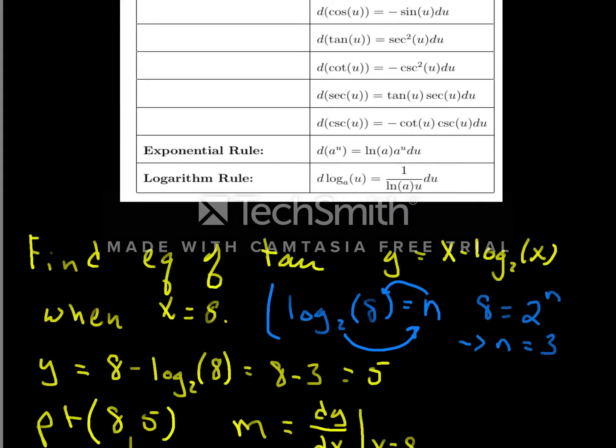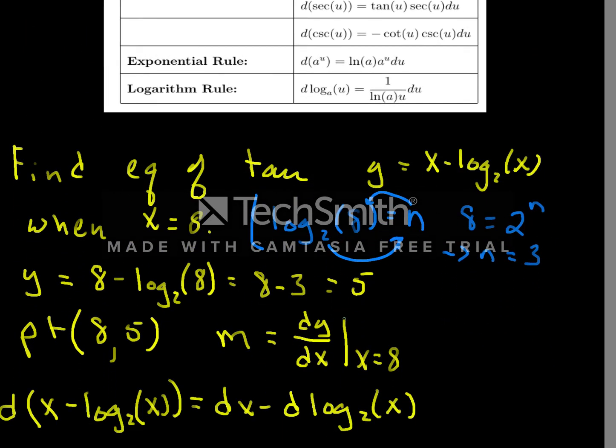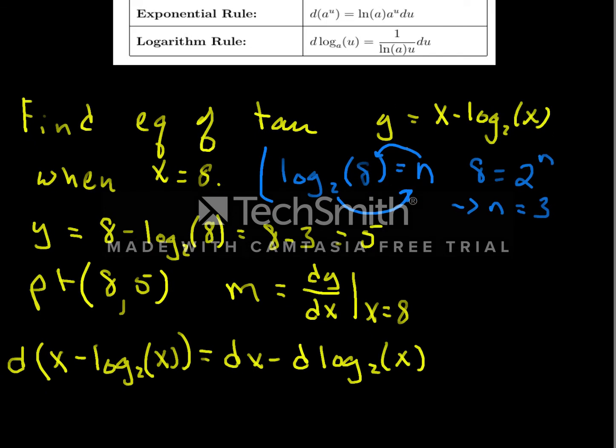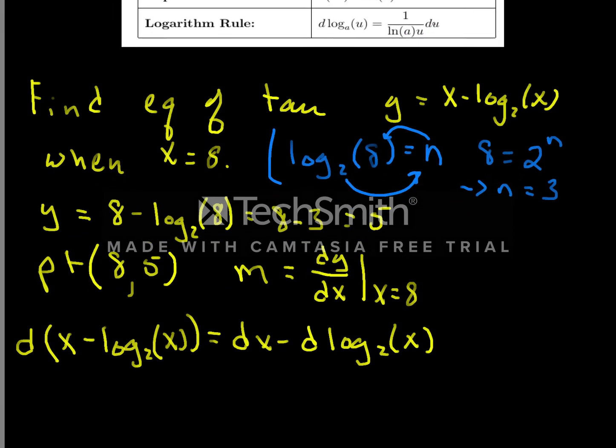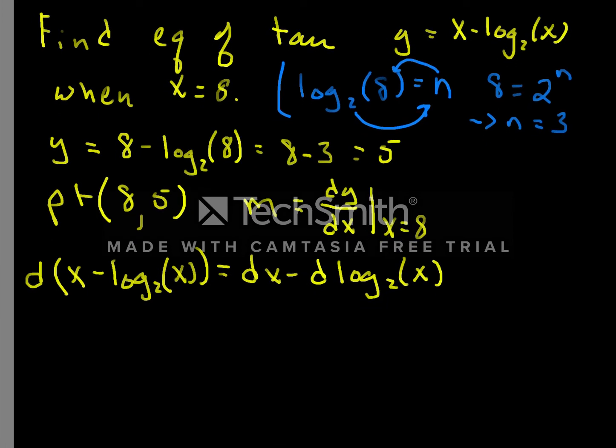And scrolling up to our rules, the differential of our logarithms, so this is log base 2, is 1 over the natural log of our base times our input, du. So the differential of this whole thing is just dx, that doesn't change, minus 1 over the natural log of 2 times x dx.